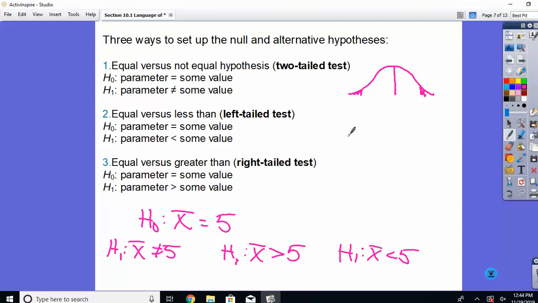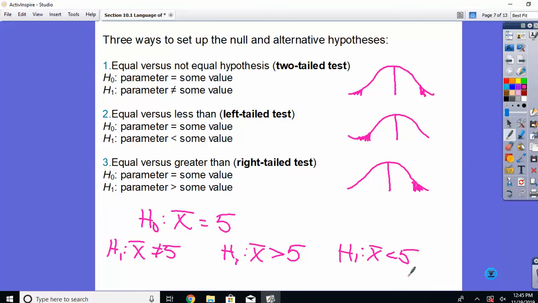A left-tailed test, if I'm trying to prove something is smaller, then I want to prove the real value is to the left. A right-tailed test, you're trying to show that it is bigger than a value, or you're trying to show it's to the right. So those are the different tests.